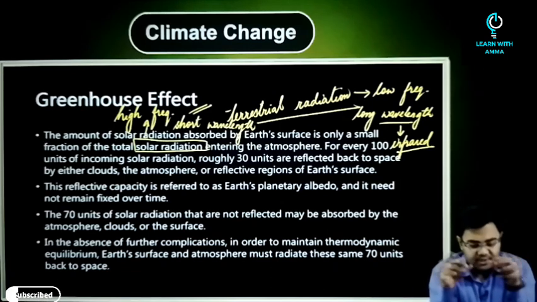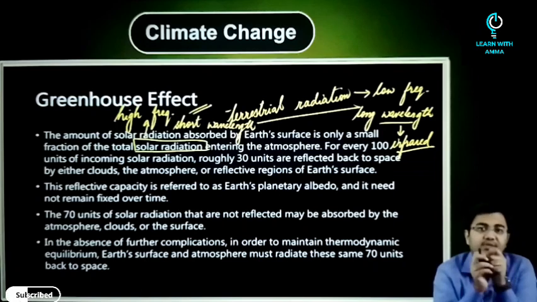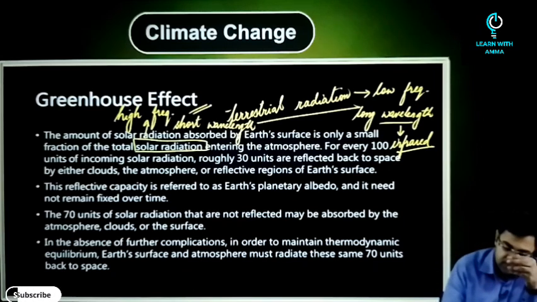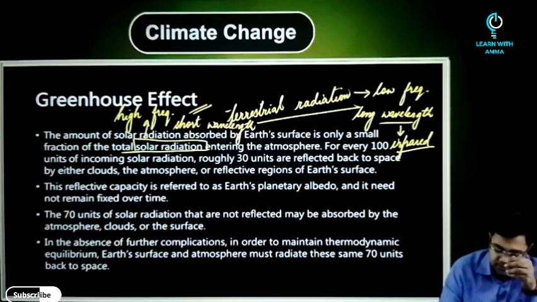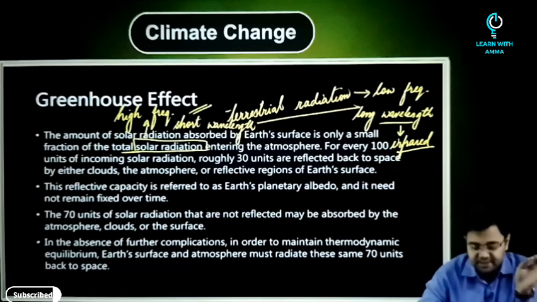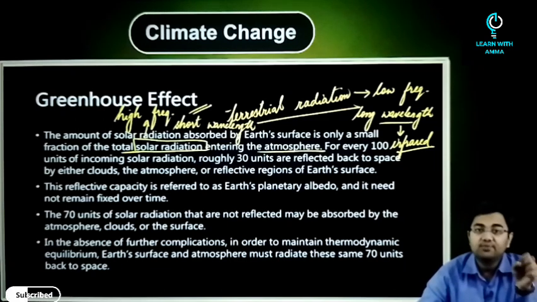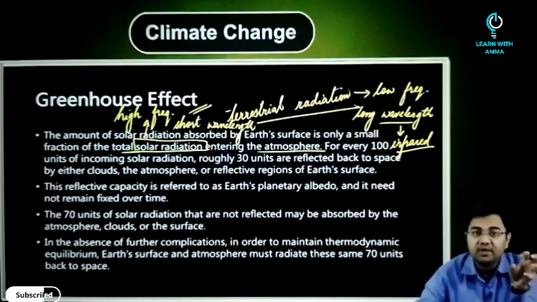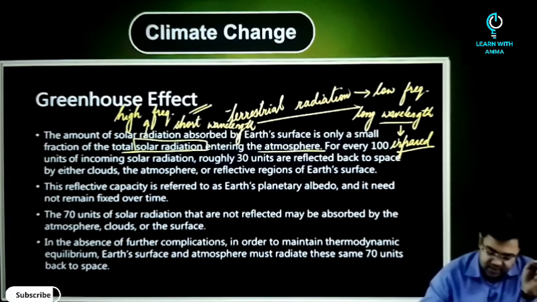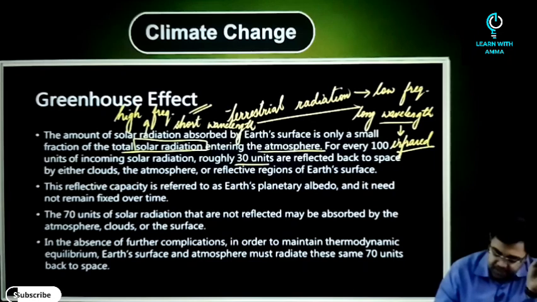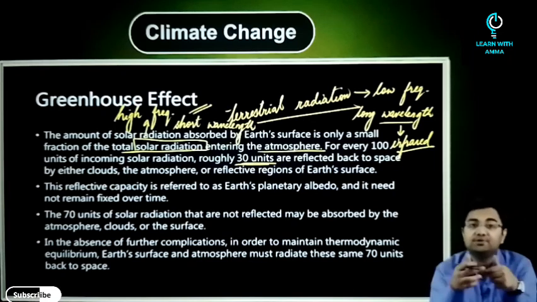Now, how does this matter? The amount of solar radiation that is absorbed by the Earth's surface is only a very small fraction of the total solar radiation that enters the atmosphere. For every 100 units of incoming solar radiation, generally 30 units are reflected back into space.